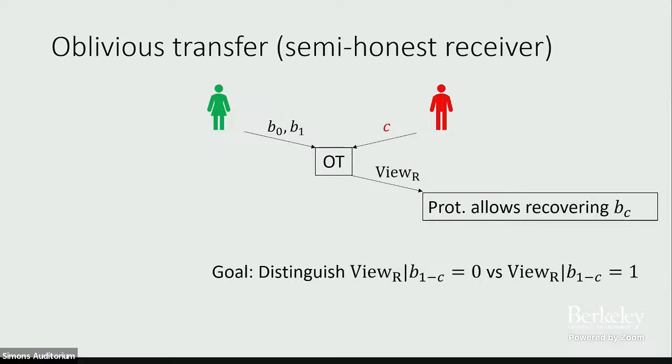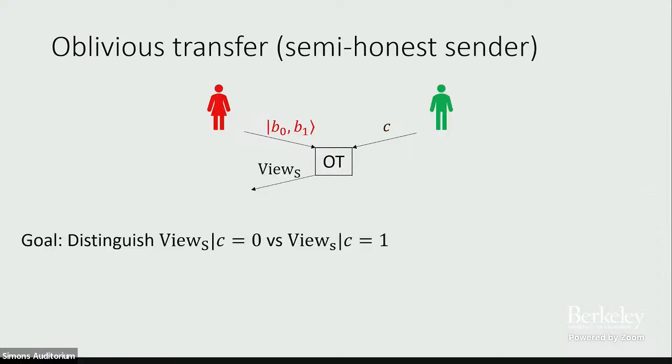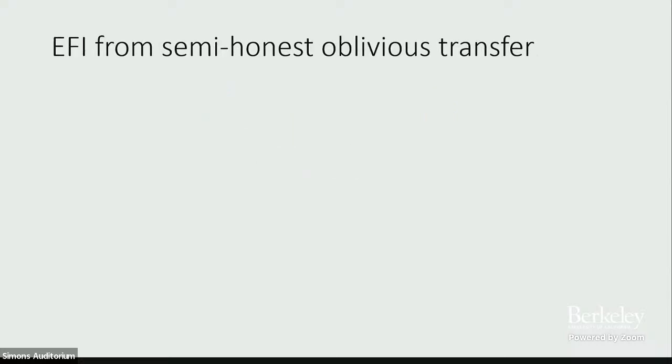The goal of the distinguisher, which you want it not to be able to achieve, is to distinguish between the receiver's view when the other bit is 0 versus the view when the other bit is 1. This is what you want to be indistinguishable for the receiver. And for the sender, in the same way, you want the sender not to be able to distinguish between the case where c equals 0 and c equals 1.